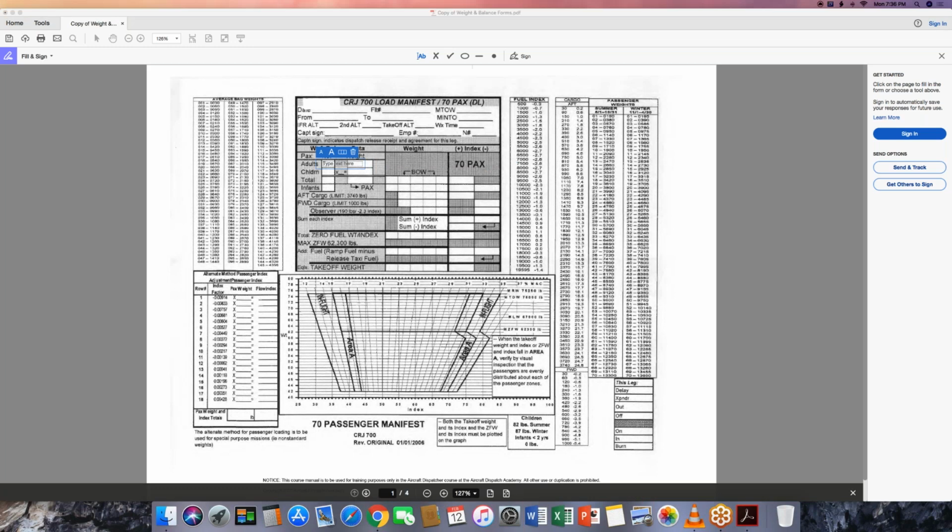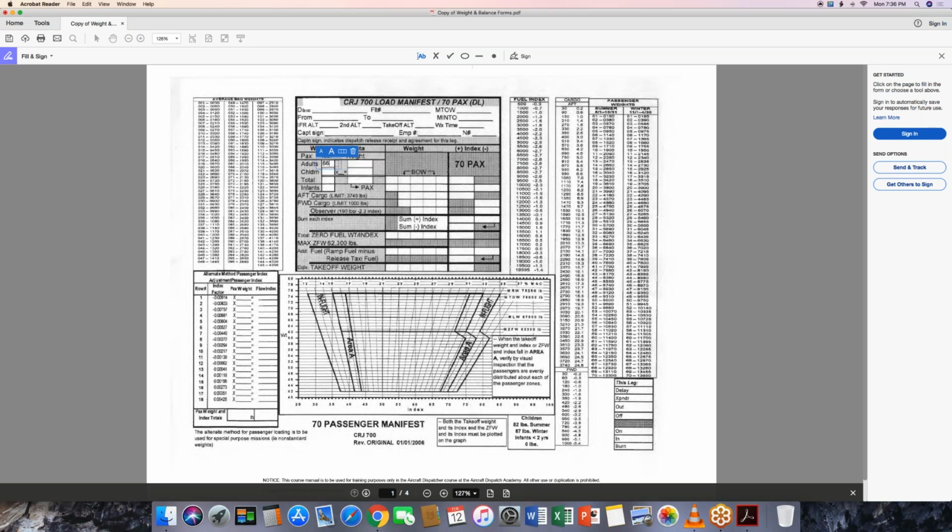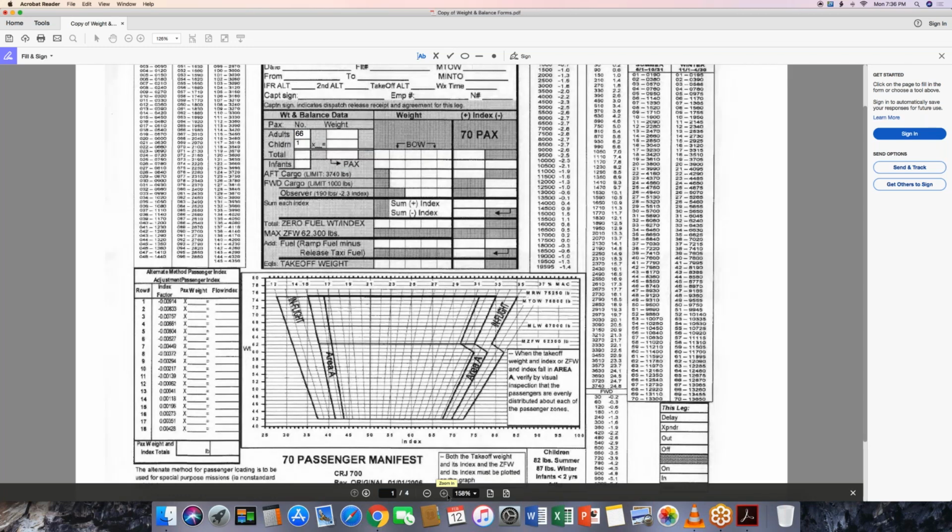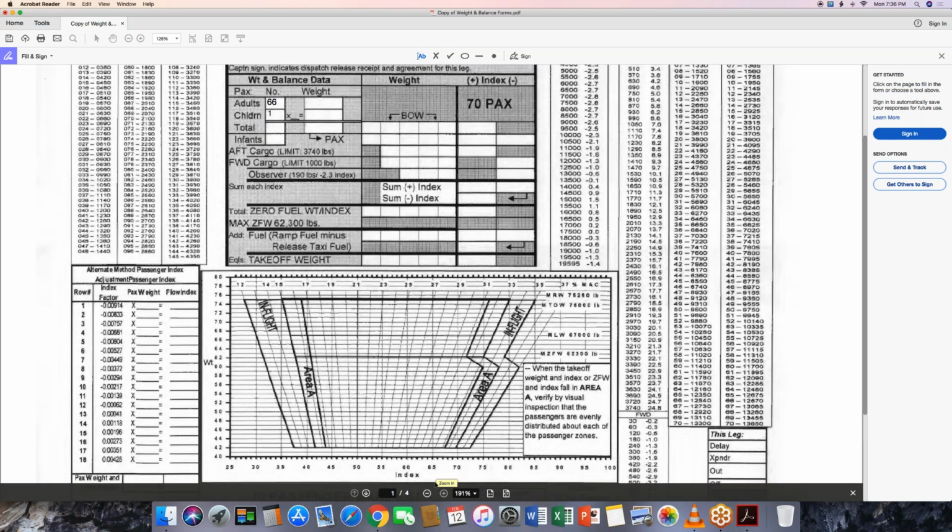Okay. So we had 66 adults. Is there a way you can zoom in a little bit? Yeah, let me see here. Okay. Is that better? Just a tiny bit more? Yeah, that's good.